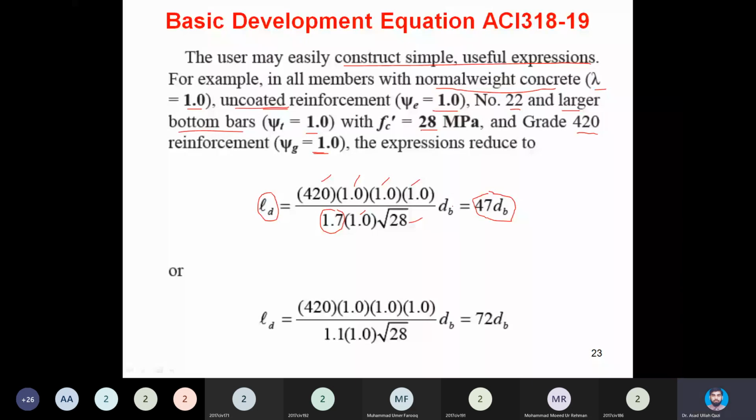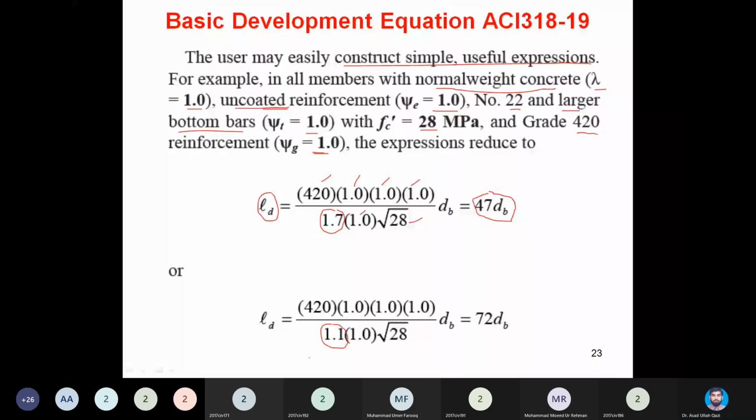However, if cover and clear spacing are not fulfilling the case 1 or case 2 requirement, then other cases recommend the second row, and in the second row equation the denominator drops to 1.1. Rest of the factors are all the same.